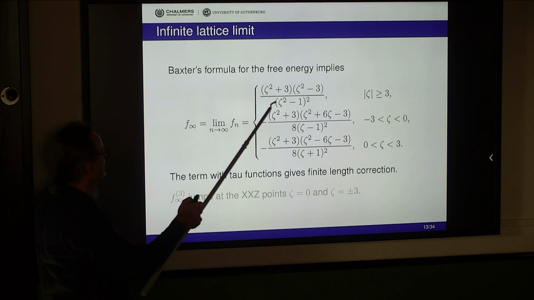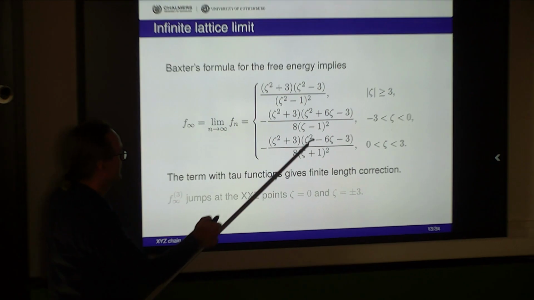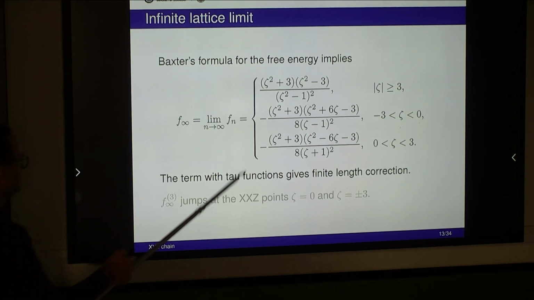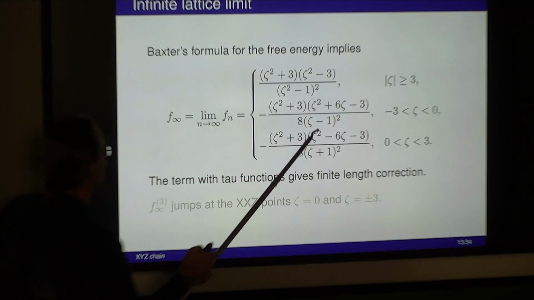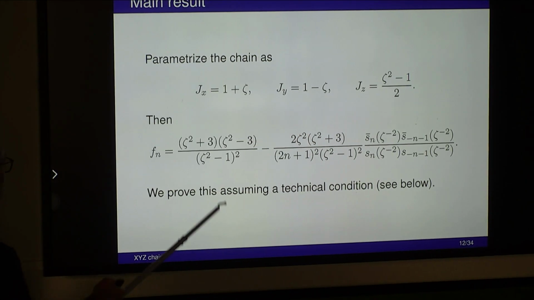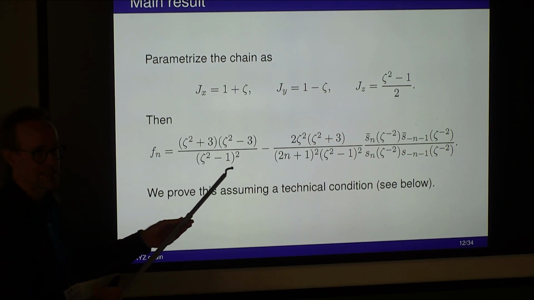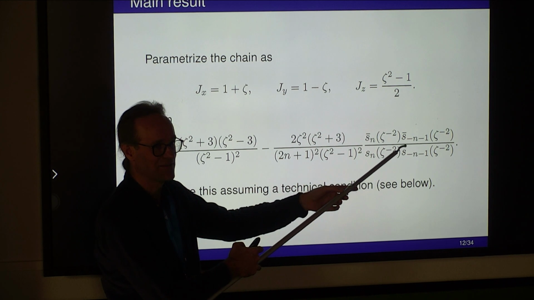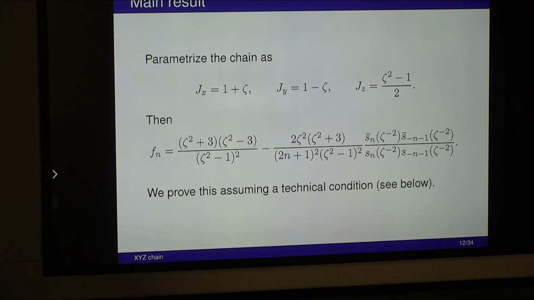And what you get is, again, rational functions, a bit different in different parameter regimes. And if you look at this first expression here, then you see it's exactly this term here. So this first term is actually the infinite lattice limit, and then the second term with this Painlevé stuff is the finite length correction, exactly.